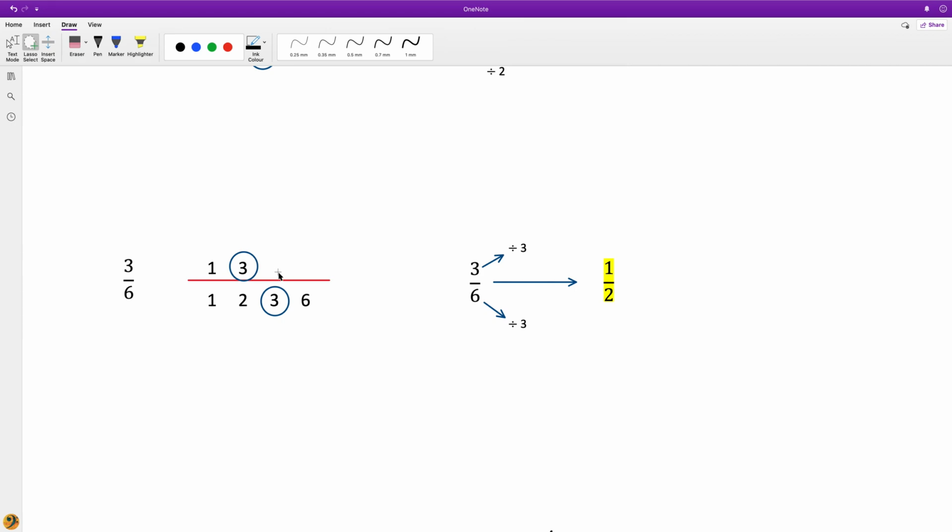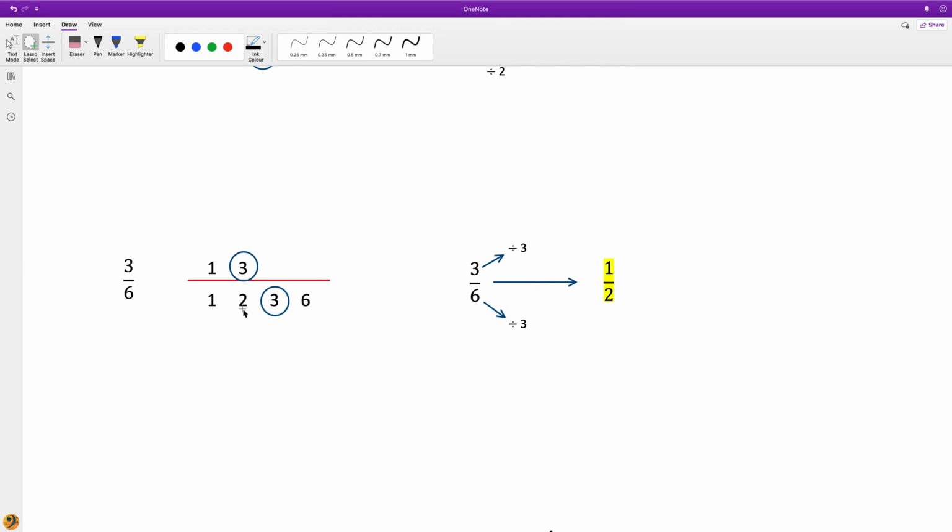We write out all the factors for 3, and then we work out all the factors for 6. 3 is actually a prime number, so it only has factors of 1 and itself, so 1 and 3, because 1 multiplied by 3 gives 3. But 6 has a few more factors. It has 1 multiplied by 6 to give us 6.